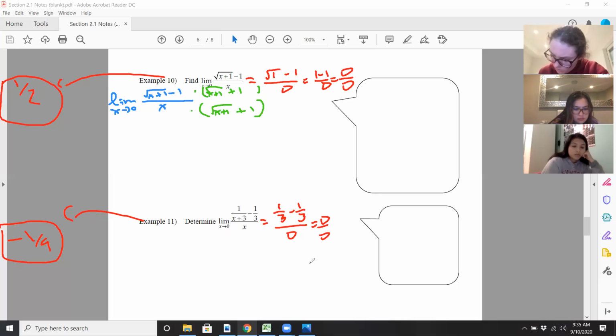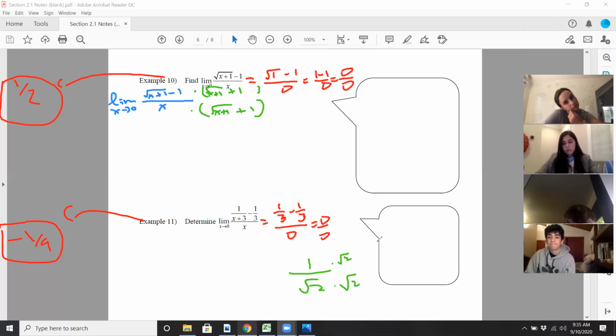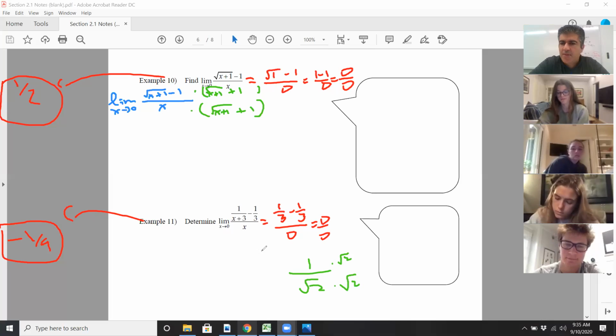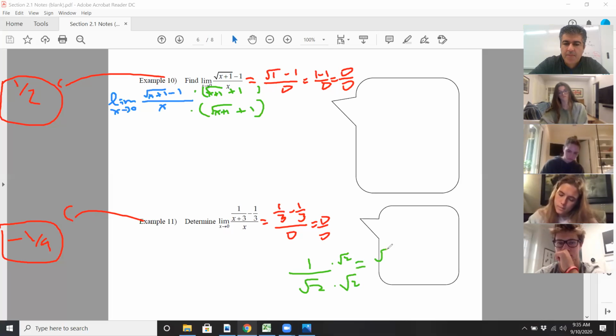You guys remember this back in the day when you had these kind of problems? You had to rationalize? We made you do that, and we said, oh, just do it. The reason why is because we want you to understand this process of removing radicals. There was actually some method behind that madness.